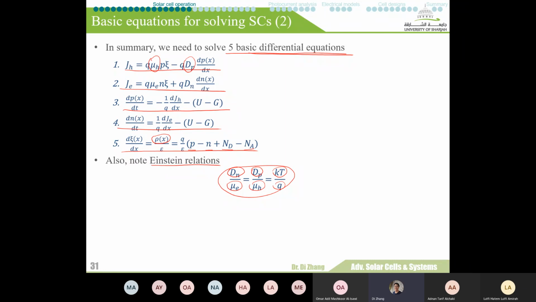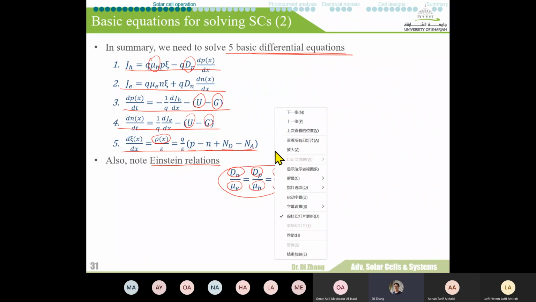So now the missing part is that we have to find the expressions for the recombination and the generation, because so far these recombination and generation rates are basically unknown parameters to us.